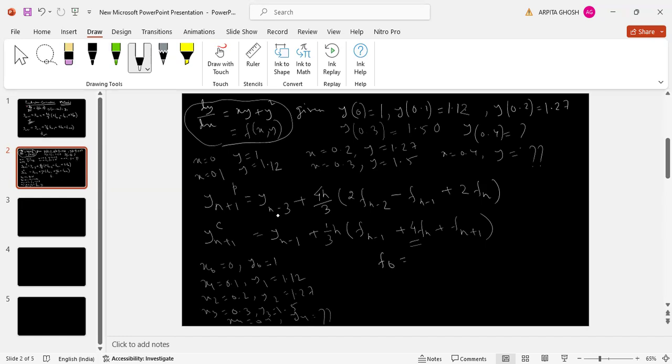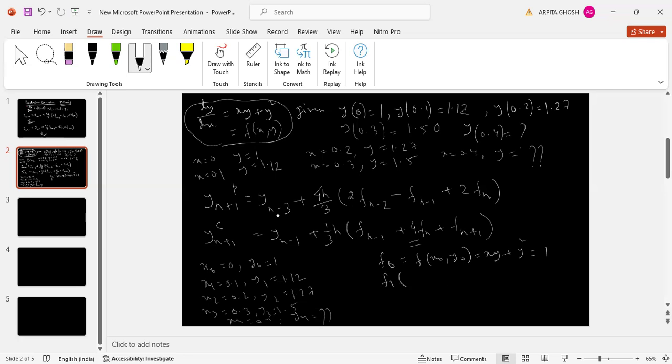f0 means f at the point x0, y0. What will be that one? At the point x0, y0, where x0 is 0, y0 is 1, and the function is x into y plus y square. y is 1, x is 0. So this is simply 1.